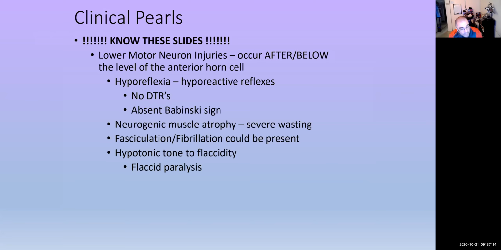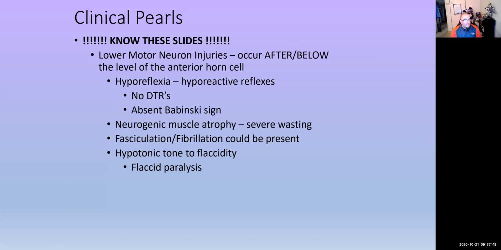I noticed that, especially in my hand, when I had my injury, I watched my thenar eminence and my hypothenar eminence just waste away in a couple weeks. You get rapid, severe wasting. You will get fibrillations and fasciculations, or could get, I should say, but you will get them frequently.